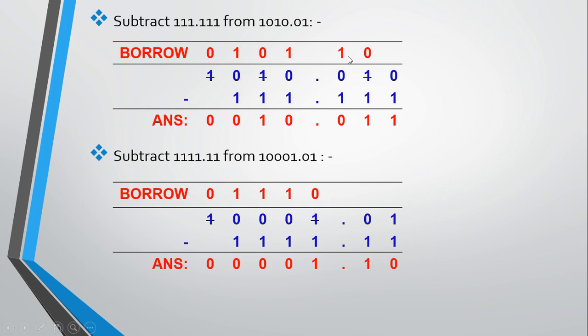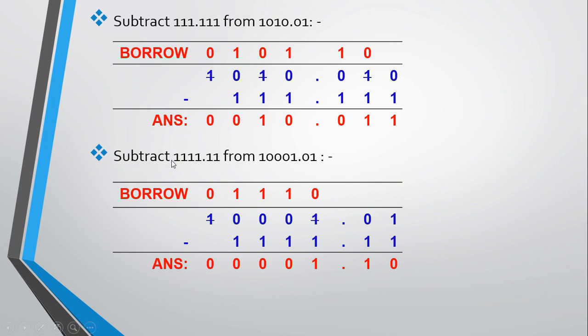You need to place 1 in both the zeros. 1 minus 1 will return 0. 1 minus 1 will return 0. 0 minus 1 means you are not able to perform subtraction. So again you need to cut value from this, and you need to place 1 over here. You need to place 1 as the output. 1 minus 1 will return 0.